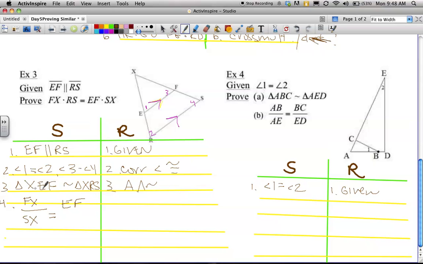Nope, FX is over, yeah, EF is here, lines up with RS. And that is a definition of similarity. And then if we cross multiply, step 5, we'll get exactly what we need to get. FX times RS equals EF times SX. And that is cross multiplication.